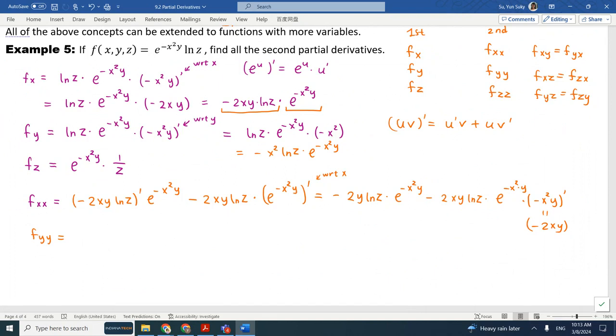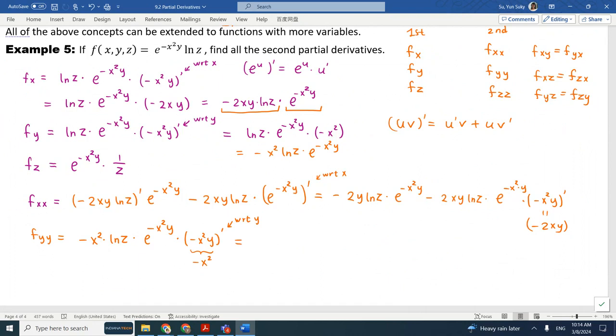So write it down. Leave this here. And then the derivative of e to the u is e to the u times u prime. But this prime is with respect to y, which is negative x squared. Nice.